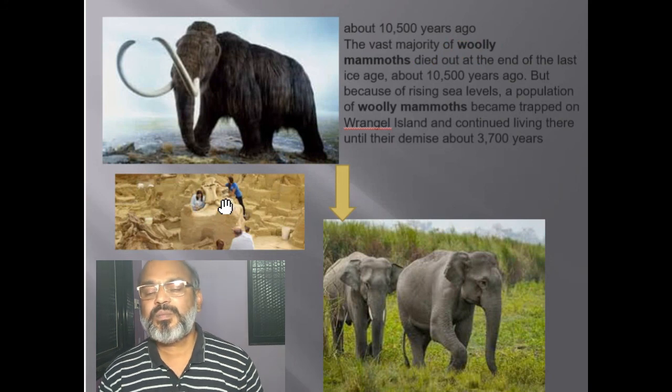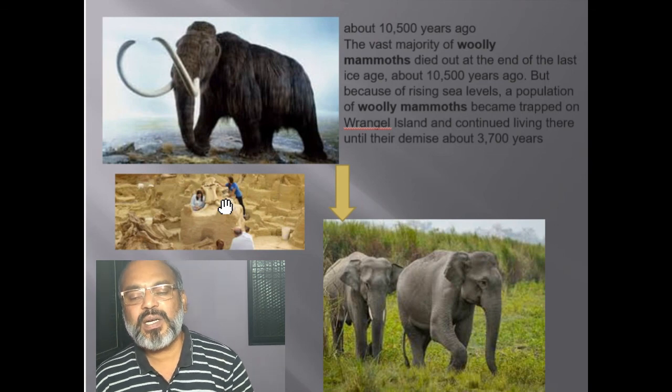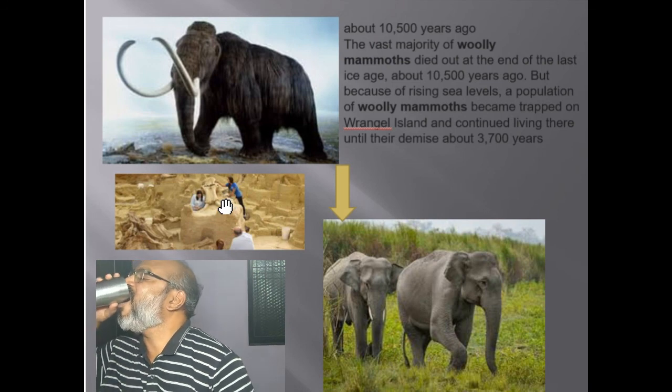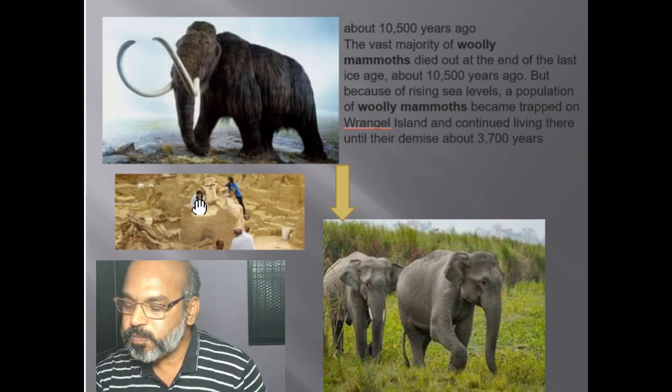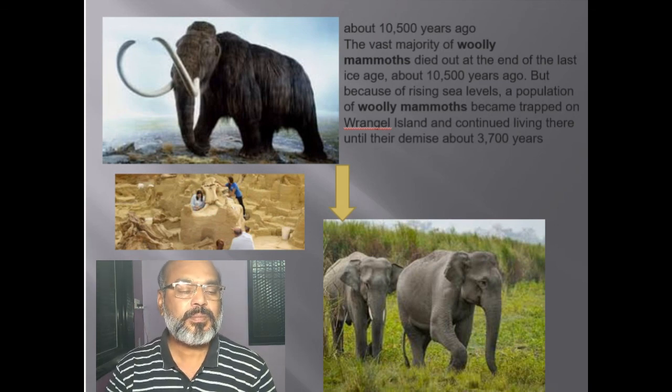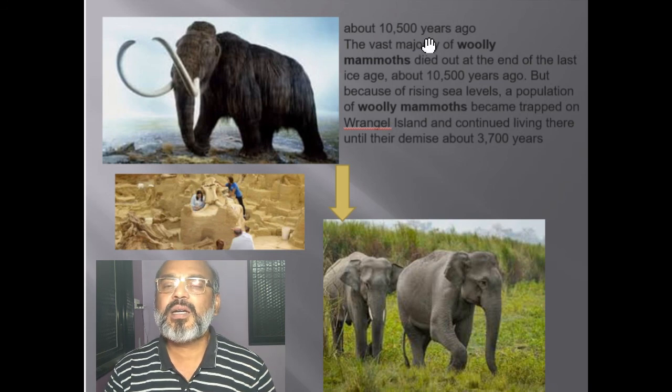Some of the examples of this polar preservation, a naturally preserved specimen, is the well-known story of the mammoth. The mammoth was a living organism near about 10,500 years back.